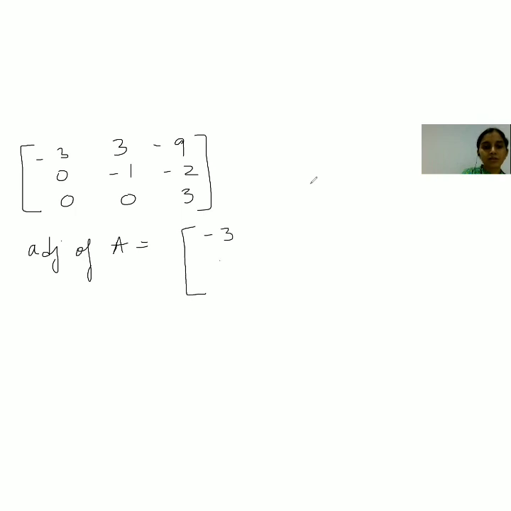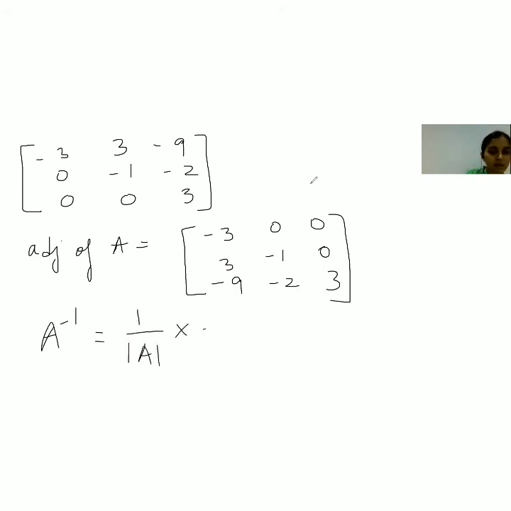So -3, 3, -9, 0, -1, -2, 0, 0, and 3. This is your adjoint of A. Determinant value we've already found out. So what will be A inverse? A inverse is equal to 1 upon determinant of A multiplied by adjoint of A. So just put in the determinant and write your adjoint.